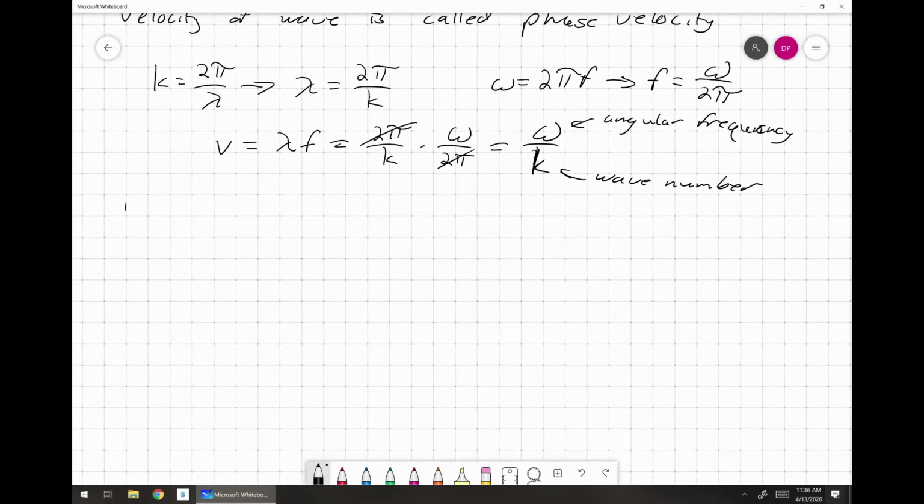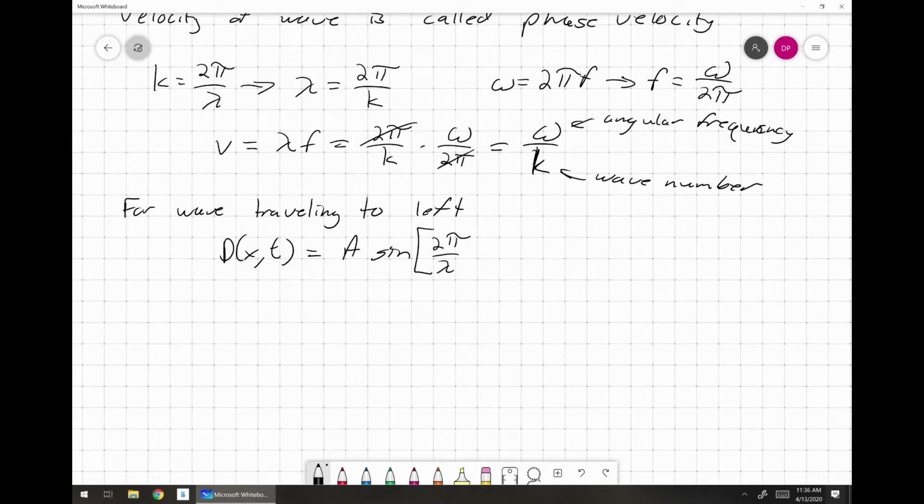And so for a wave traveling to the left, we would write that our displacement as a function of position and time is equal to our amplitude A sine of 2 pi over lambda times x plus vt.